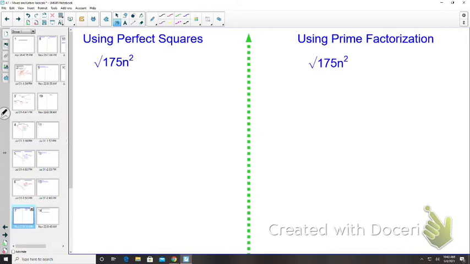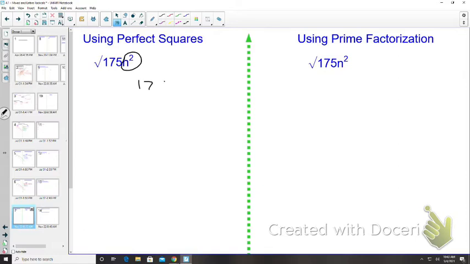Yep, because that's what a variable is, right? So when you see something like this, I will encourage you to do them separately. Let's just do the number first, and then we'll deal with the variable second, okay? Index of this is what? 2. So this is just the square root.